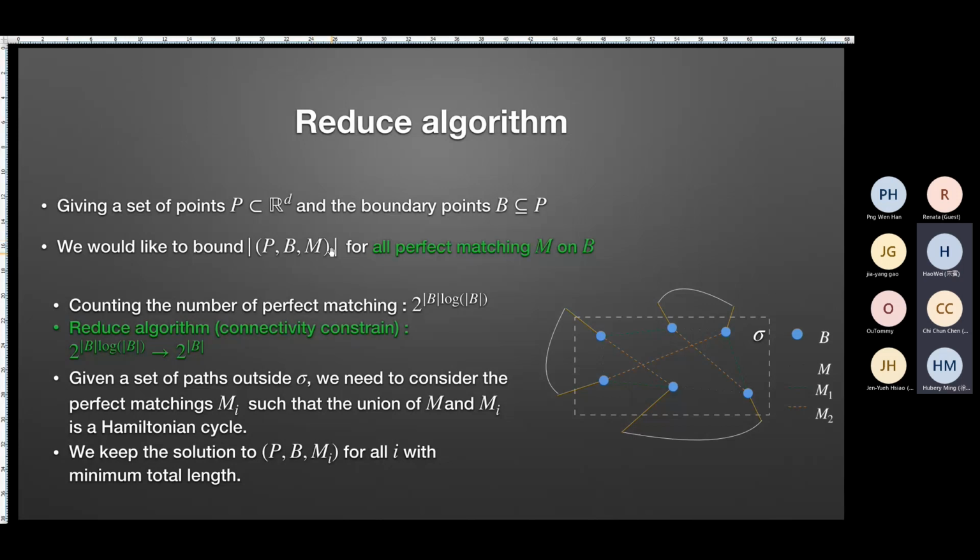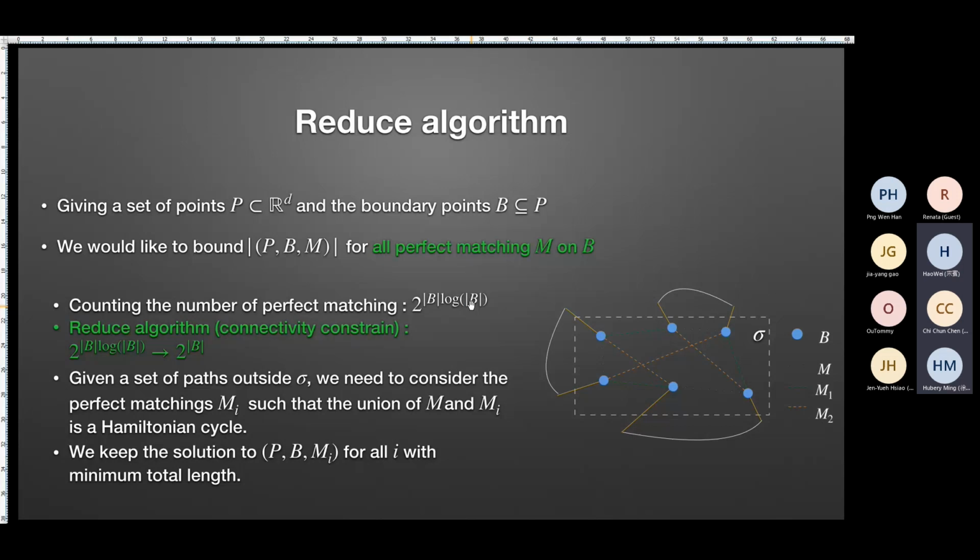So we would like to consider all of the perfect matchings M on the second input. If we just count the number of perfect matchings directly, we would obtain this number, 2 to the power of size of B times log of the size of B. And this is actually a large number.